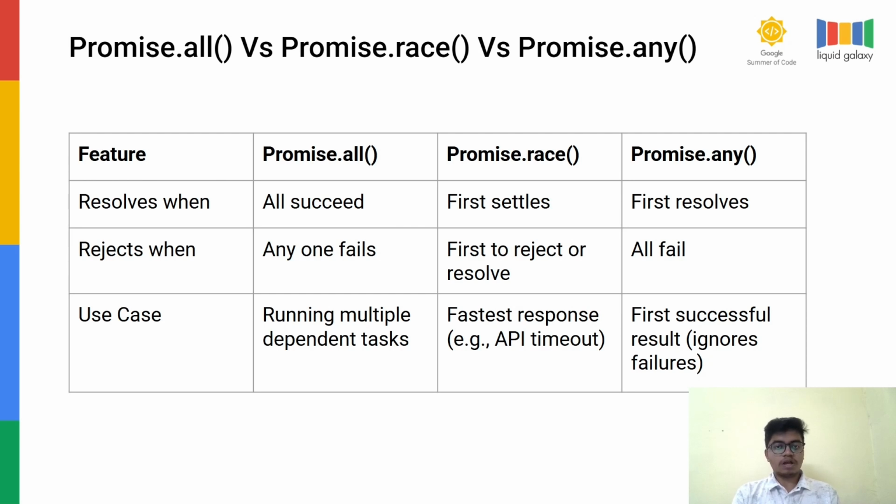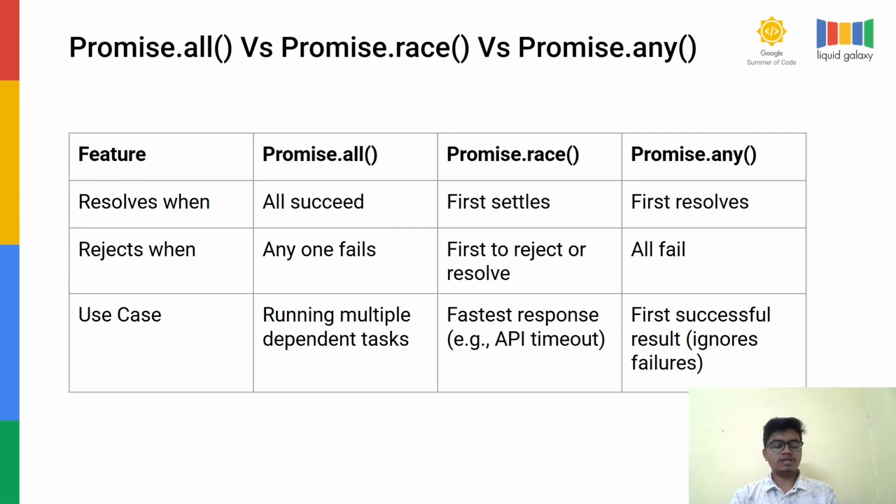Okay. Now coming to Promise.race. Promise.race settles as soon as the first promise settles. Here, settles means either resolved successfully or rejected. Now it's different from Promise.any.